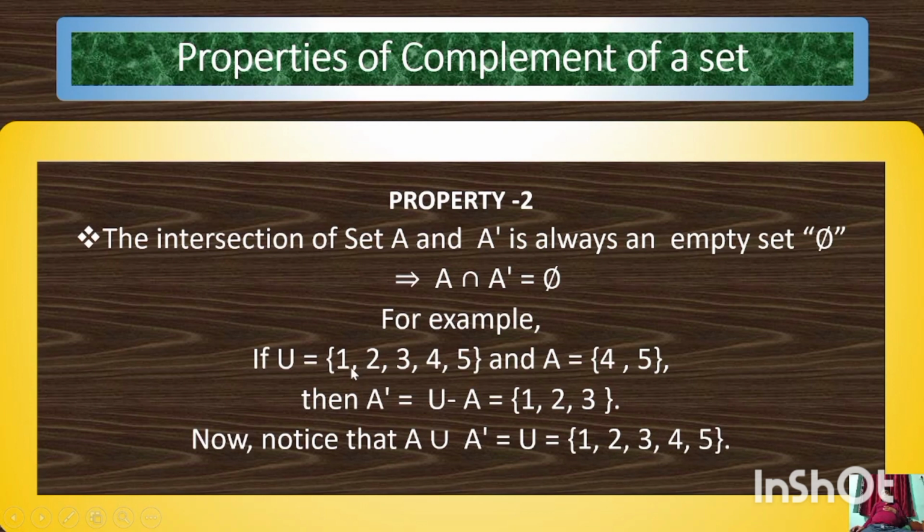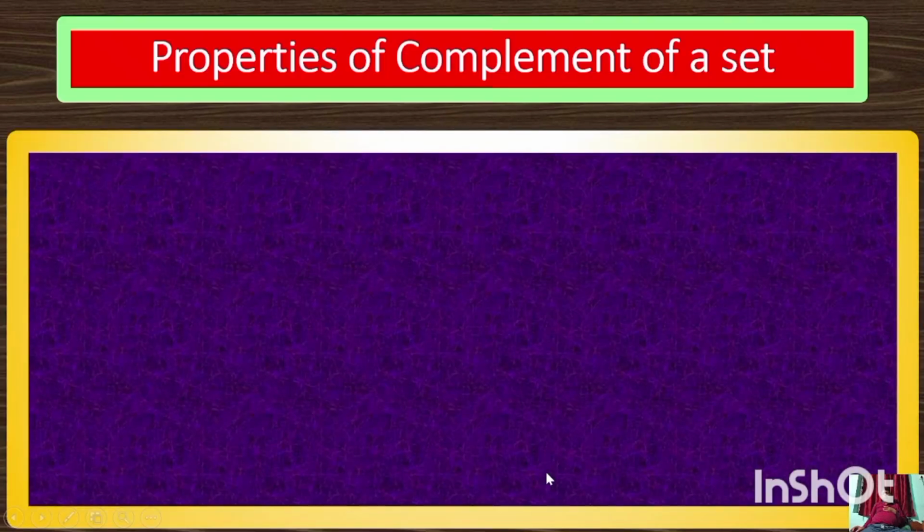Here the set U has elements 1, 2, 3, 4, 5 and A dash has 1, 2, 3. If we take all the elements, we shall get the universal set. Similarly A intersection A dash is a null set. A union A dash is equal to the universal set, and A intersection A dash is the null set. Also an important property.